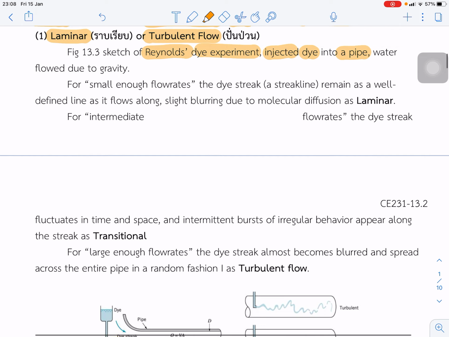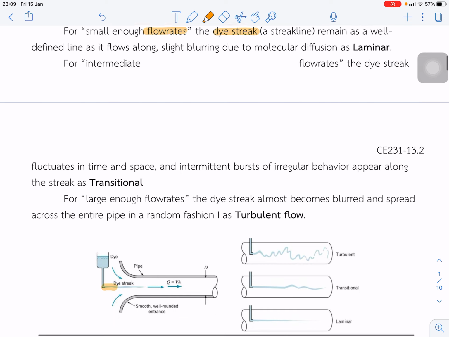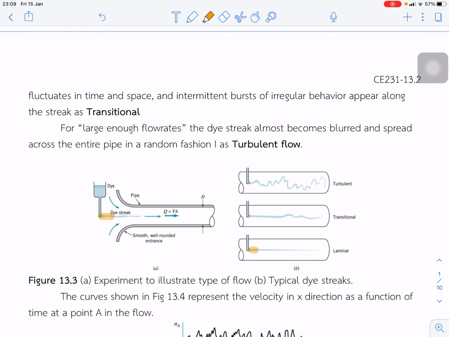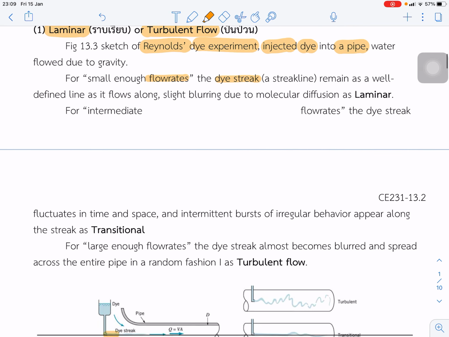For a small flow rate, the dye streak remains as a well-defined line. In this case we call it laminar flow, for this streak line.